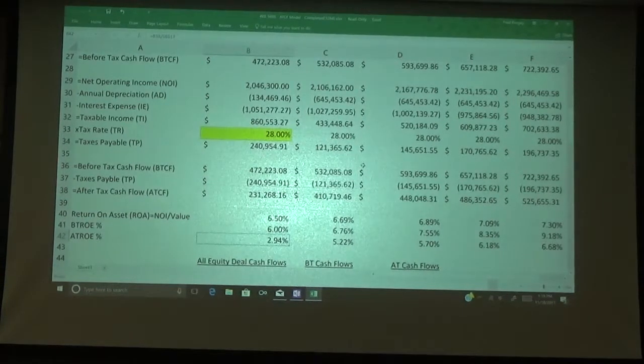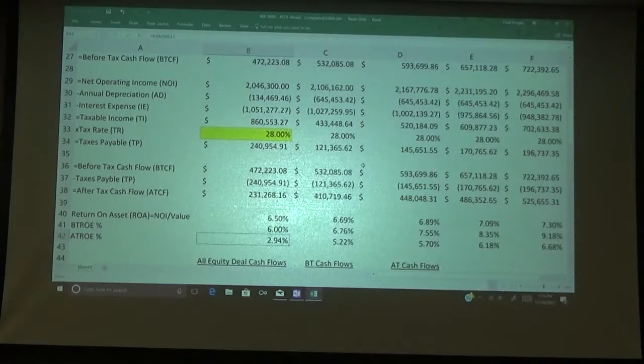return on equity. Same formula, except you're using the after-tax cash flow. So your after-tax return on equity is after-tax cash flow divided by the equity. In this case, the after-tax cash flow, 231,268.16.